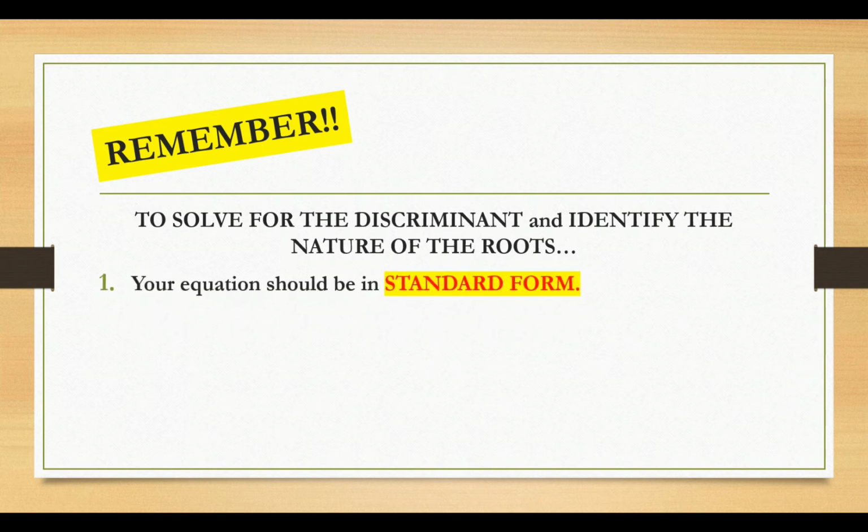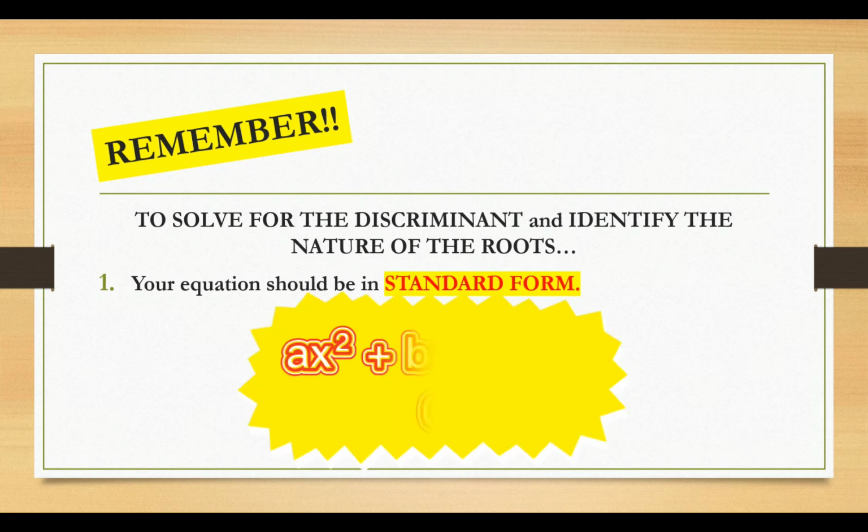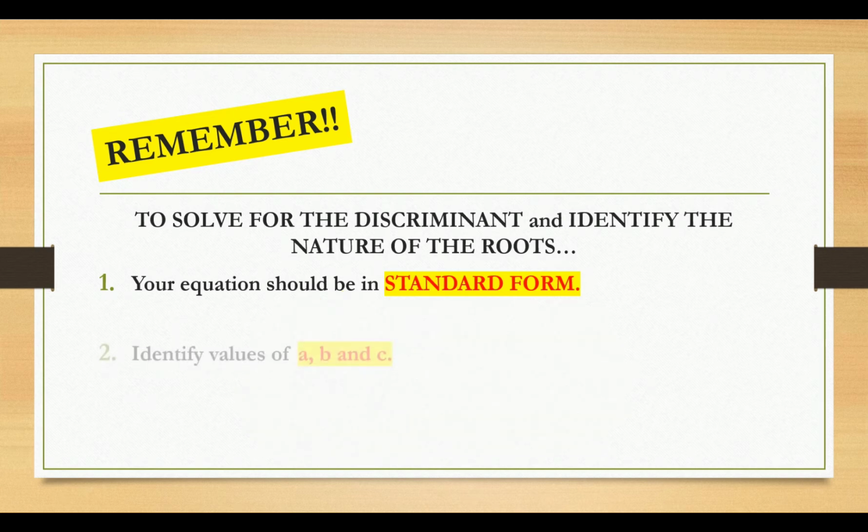And remember, in solving the discriminant and identifying the nature of the roots, we have to follow these 4 steps. Step 1, your equation should be in standard form, meaning ax squared plus bx plus c equals 0. Step 2, you need to identify the values of a, b, and c. A could be found in your quadratic term, b in your linear term, and c in your constant term.